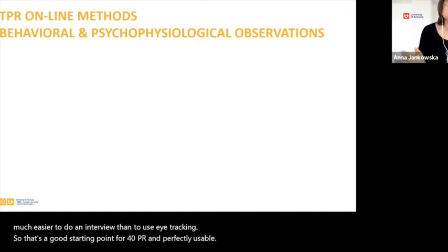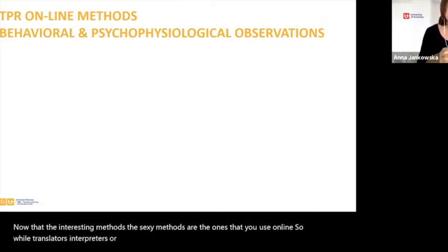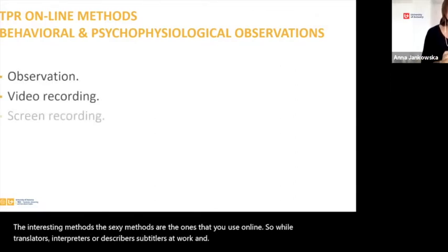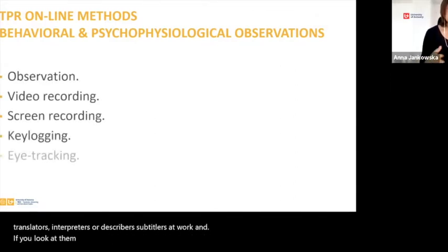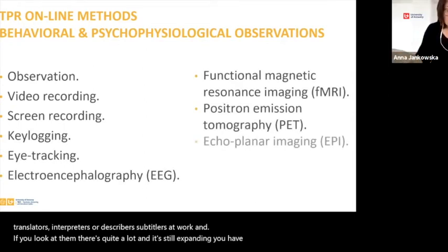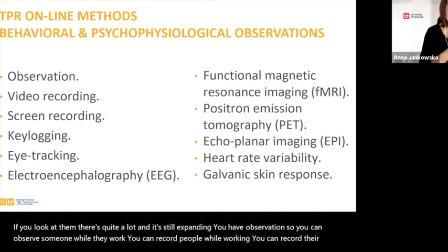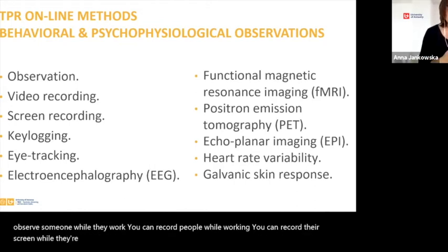Now the interesting methods, the sexy methods, are the ones that you use online. So while translators, interpreters, audio describers, subtitlers work. And if you look at them, there's quite a lot, and it's still expanding. You have observation, so you can observe someone while they work. You can record people while working. You can record their screen while they're working. You can use keylogging.